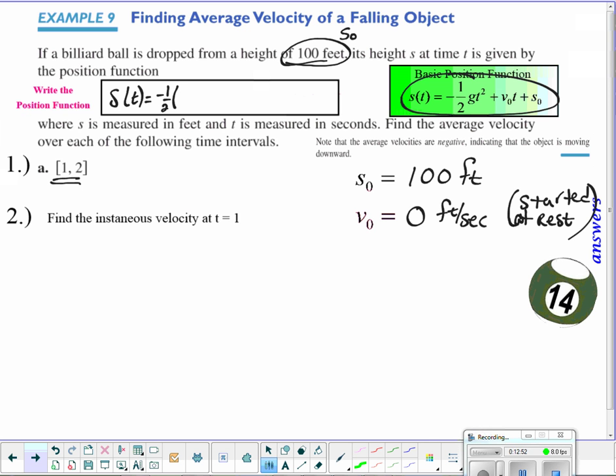I'm going to use 32 for my gravity because we're working in feet, so we need the English version of gravity's acceleration. t squared plus v naught. v naught started from rest, so it's a 0, plus s naught, it started at 100 feet, so there's its initial position. I'm going to simplify this position function. -1/2 times 32 is -16 t squared plus 100.